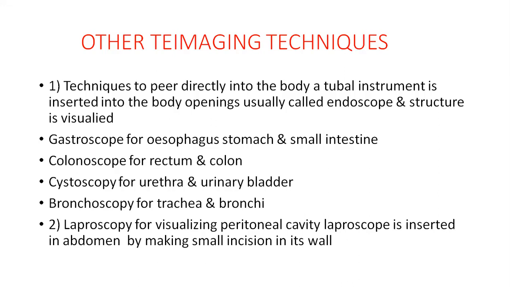Bronchoscopy is another instrument in which the trachea and the bronchi are visualized, and here again we can remove a foreign body, usually inhaled foreign bodies in children. They are removed with the help of this bronchoscope.